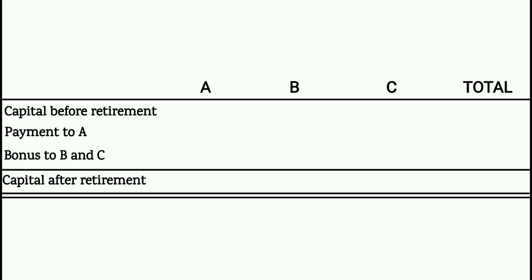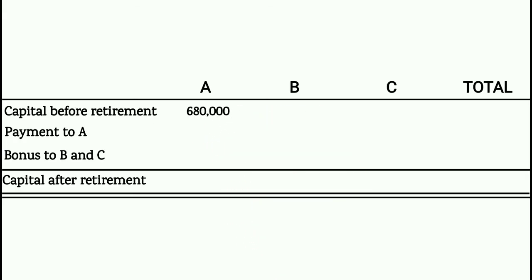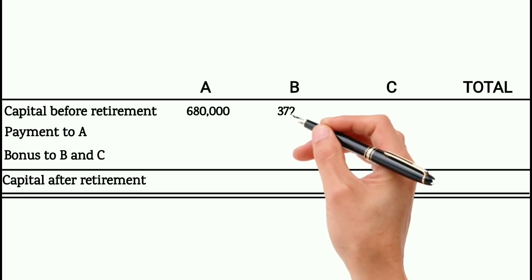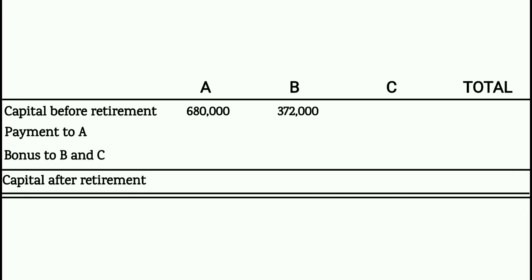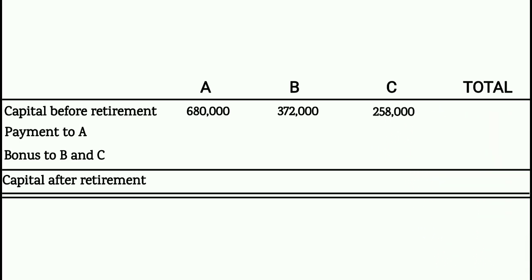Ang capital ni A before retirement ay 680,000 pesos. Ang capital ni B before retirement ay 372,000 pesos. At ang capital ni C before retirement ay 258,000 pesos. All in all, the total capital before retirement is 1,310,000 pesos.